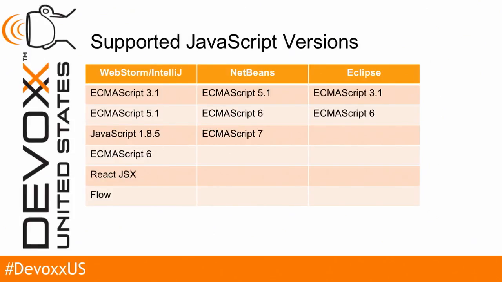So IntelliJ WebStorm definitely does have the most extensive set of language support of the IDEs that I'm covering in this talk. I should mention that NetBeans does support the React.js stuff. They have a file template for that, so that's why it's not included there. But they have a specific setting in IntelliJ that says React.jsx, which I'm not quite sure how that's different than ECMAScript 6, given that that's a file type.